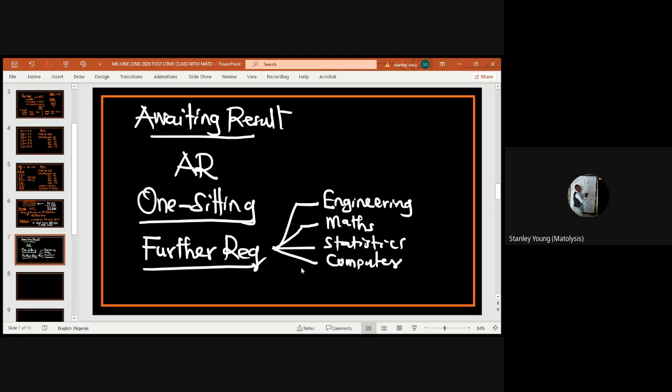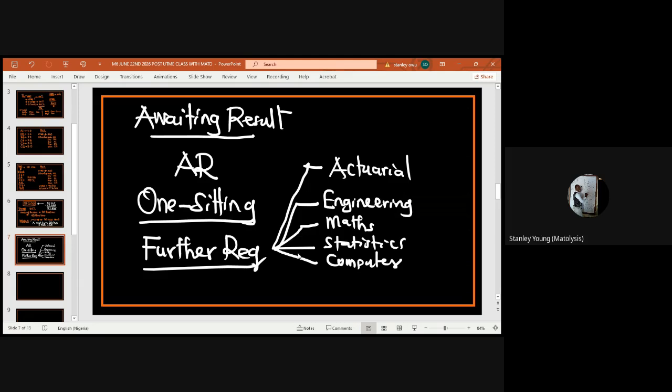Then for non-science courses, there are some that require further math. For instance, actuarial science, the equivalent for insurance. It requires further math for UNILAG students. Without further math, forget about it.